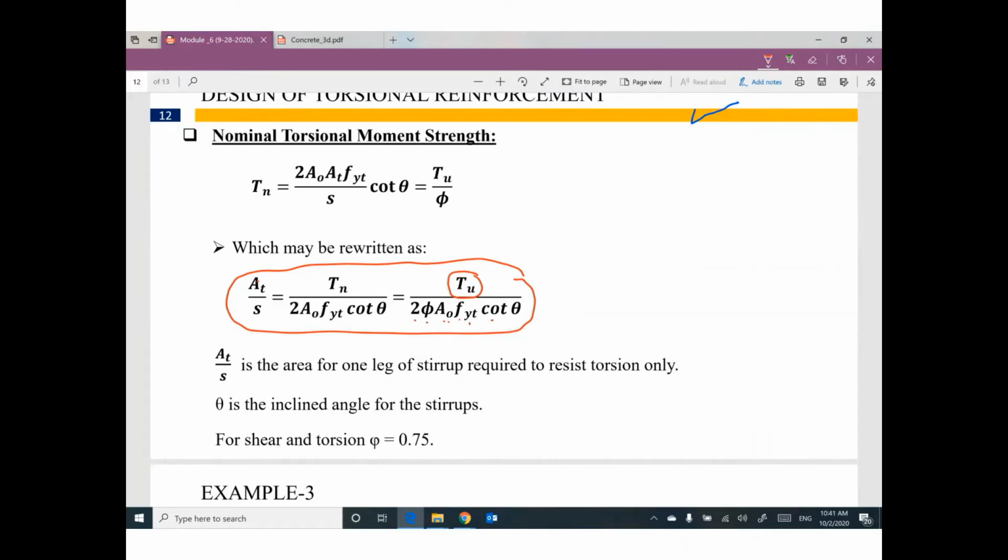What do you mean by cotan theta? Theta is the angle for the stirrups. If your stirrups are vertical stirrups, your angle theta equals 0.